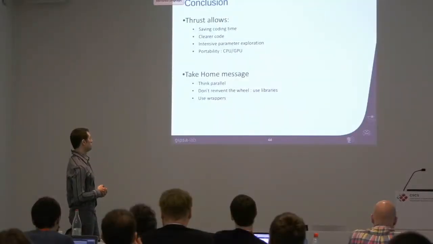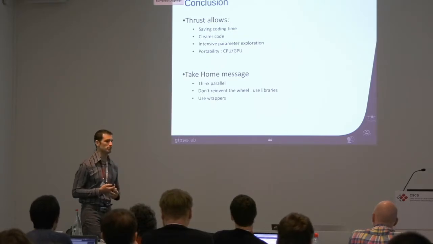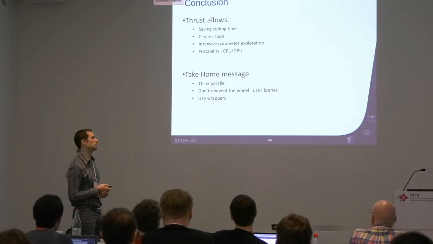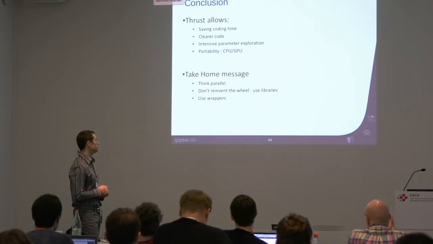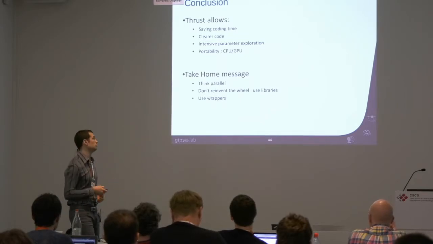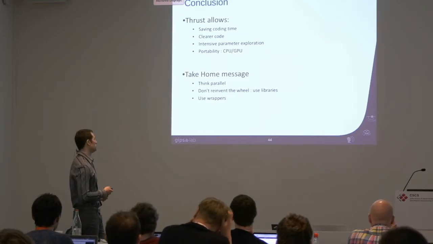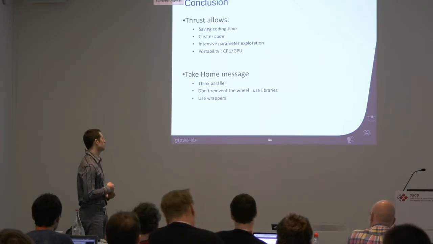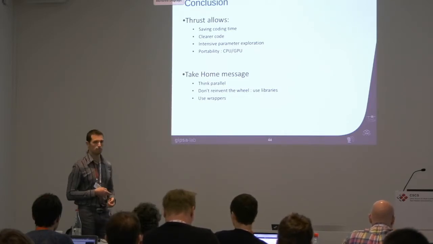If you are a scientist and you need to do intensive parameter exploration, it's interesting to use CUDA with a lot of GPUs, of course. And you may be interested in Thrust if you want your code to run both on GPU and on CPU also. Take-home message, I think that Ben already talked about that: think parallel, use libraries whenever you can, and it's always convenient to use wrappers.